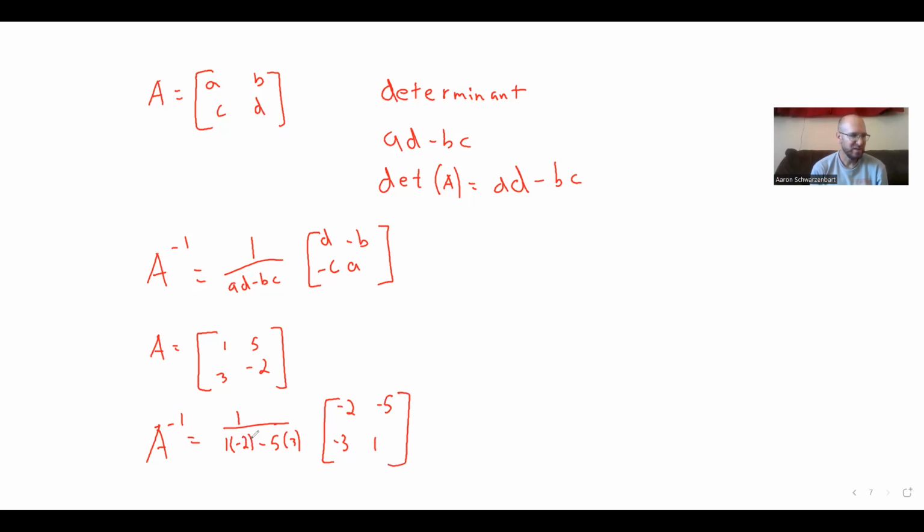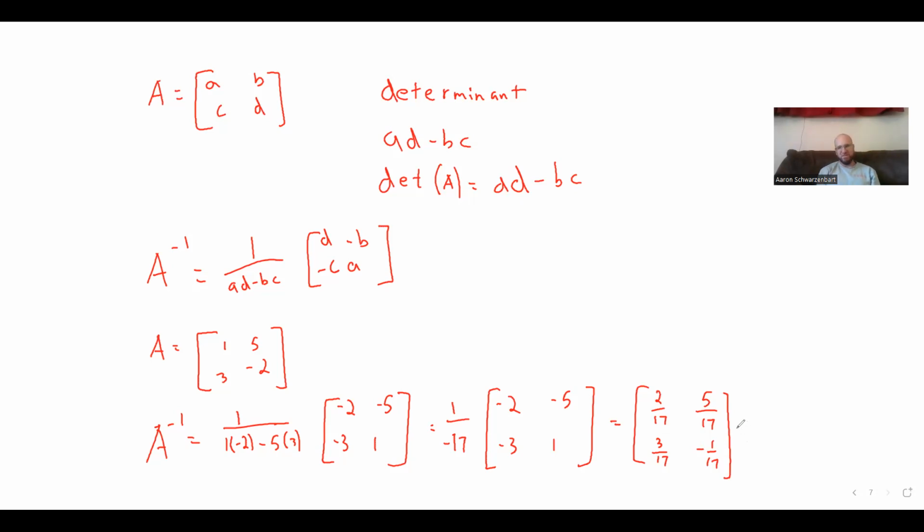This is negative 17, 1 over negative 17. And then I'll multiply that by the whole matrix to give me a final matrix. Negative 1/17 times 2 is 2/17, 5/17, 3/17, and negative 1/17. Okay, so that is my inverse matrix.